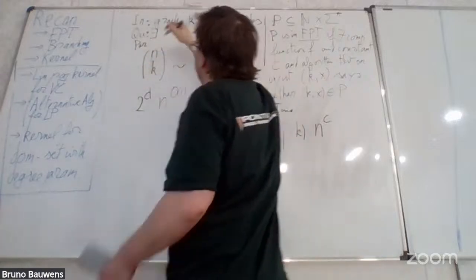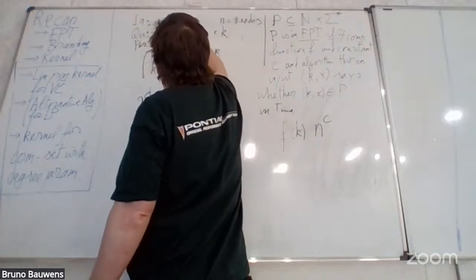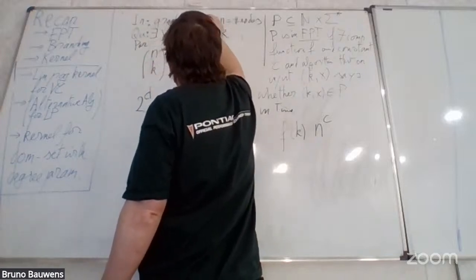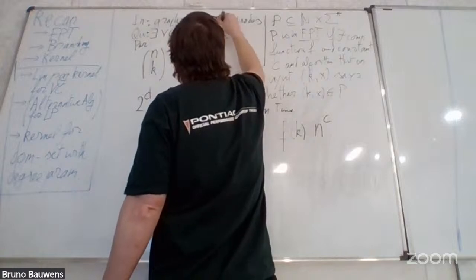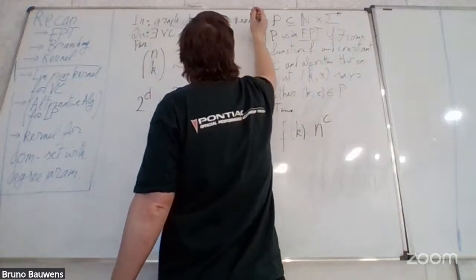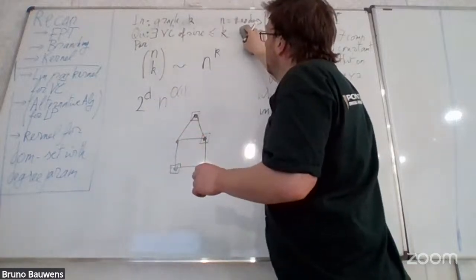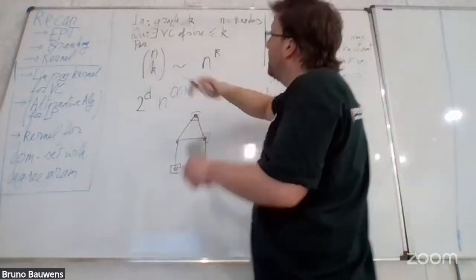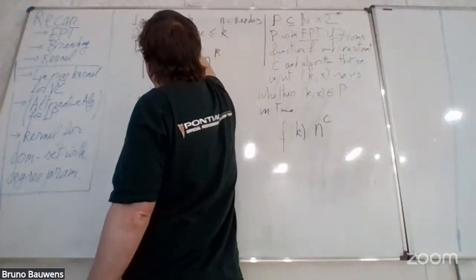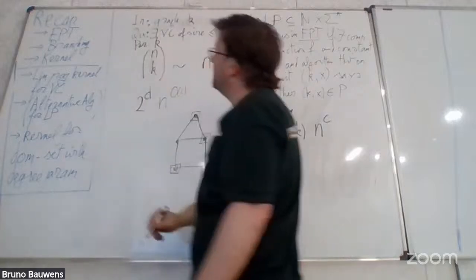So the question: does there exist a vertex cover of size at most k? And the parameter is k. This is called the natural parameter.